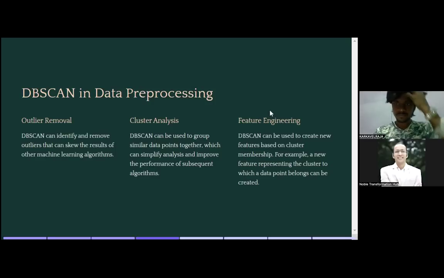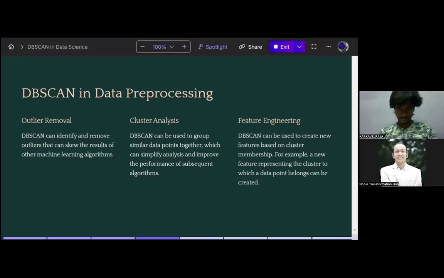Yes, guys, understand again, DBSCAN in data processing, which we have already studied, helps us in data cleaning and pre-processing. Here it helps with these three aspects. One is outlier removal, which is very important for pre-processing, guys.